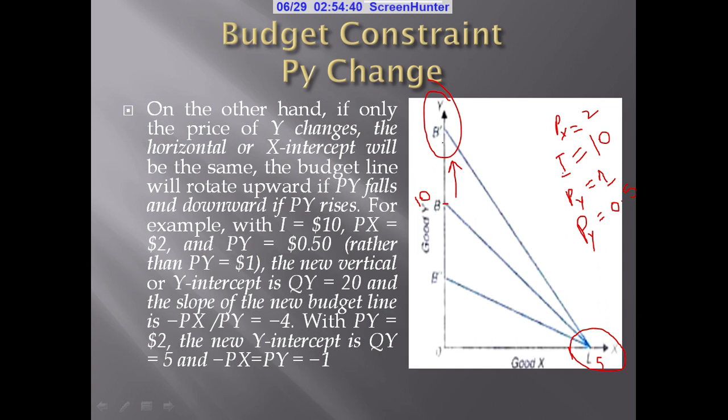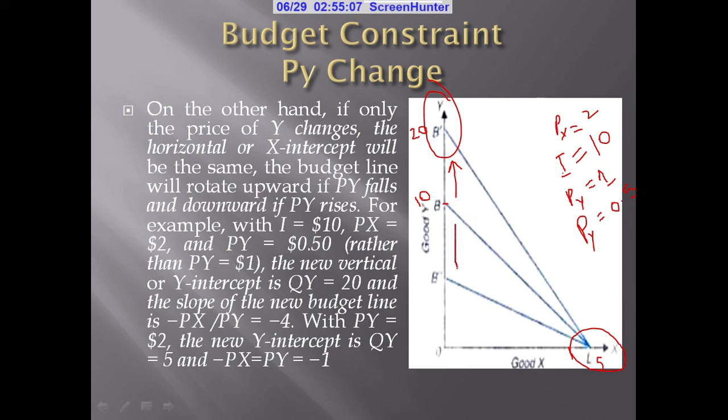Therefore, the individual is able to consume at this point 20 units of commodity Y, keeping the total expenditure on X at 0. The consumer is spending all of his income on Y. This is the vertical intercept, and when the price of Y decreases, the vertical intercept increases.